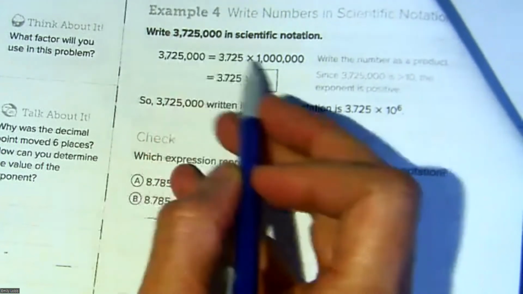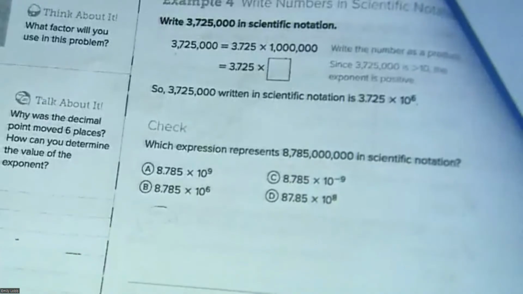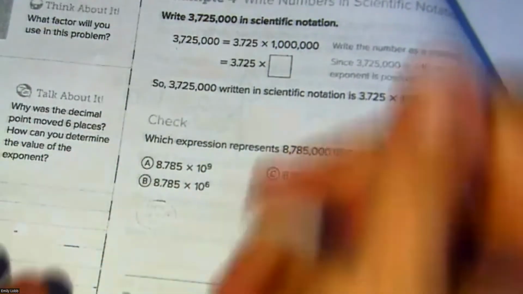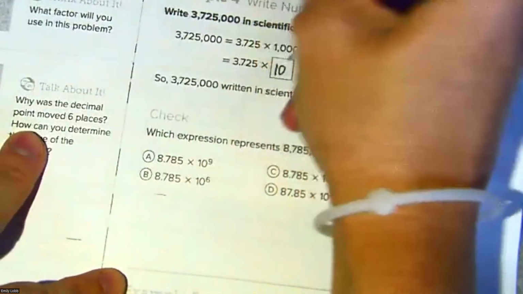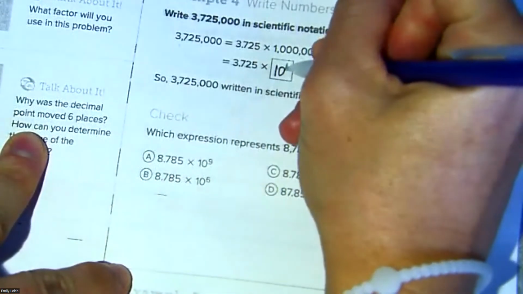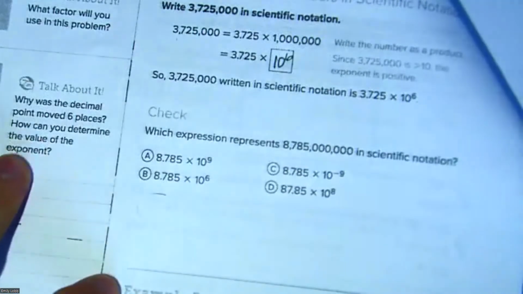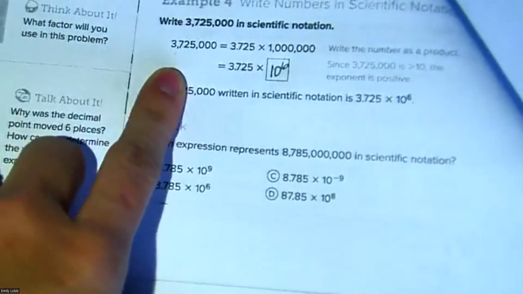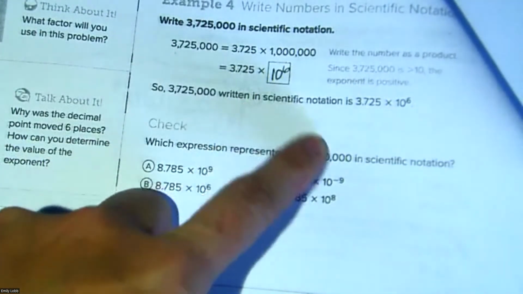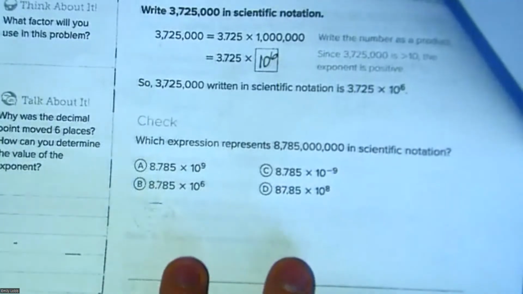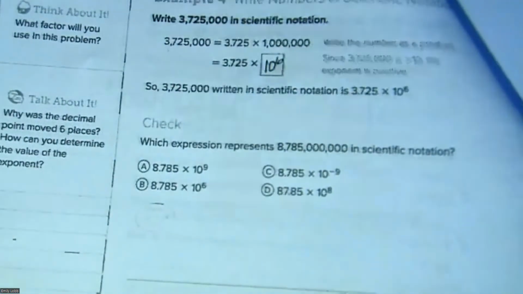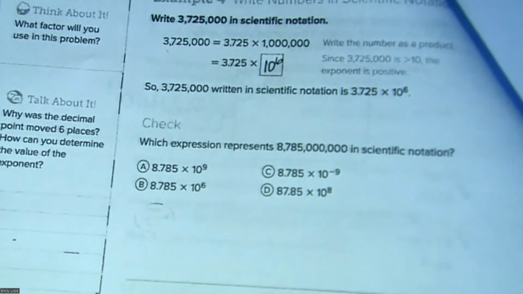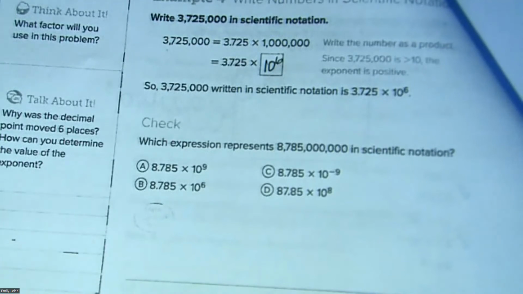And we know it is in millions, so they multiplied it by 1,000,000. Well, how many zeros are in 1,000,000? 6. And this number is greater than 10, so it's gonna have a positive exponent. So 3,725,000 written in scientific notation is 3 and 725 thousandths times 10 to the 6th power.